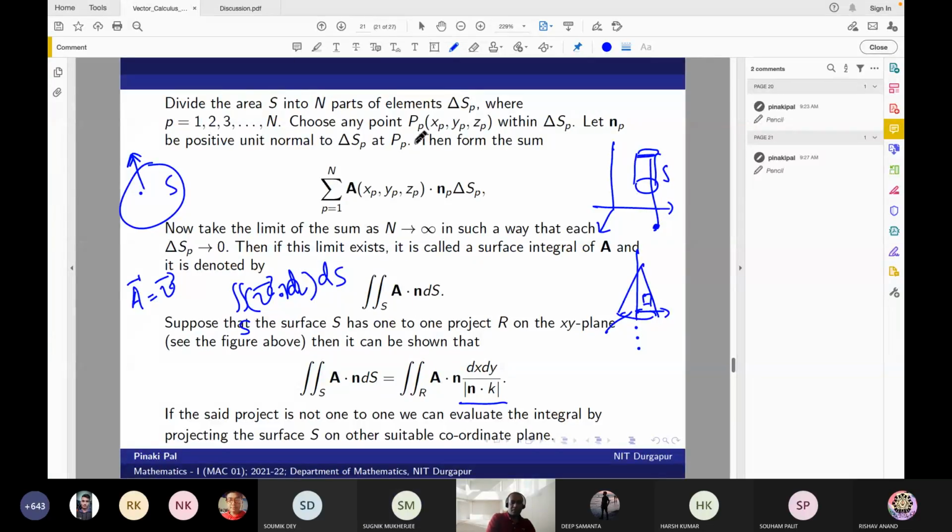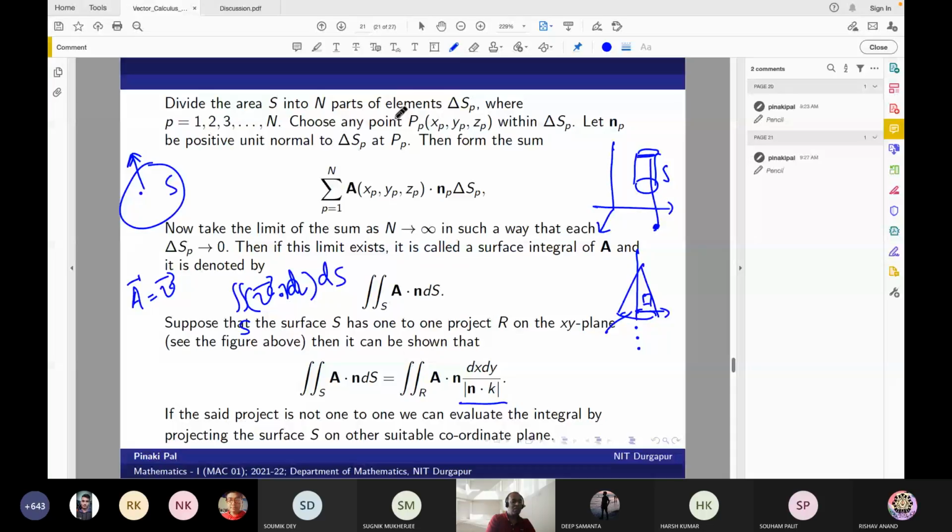Okay, sir. So this is very useful, and later you will probably have to read in different subjects, there are different branches, the transport phenomena, heat transport, momentum transport, mass transport, etc. There, this flux, this surface integral will be very much useful.